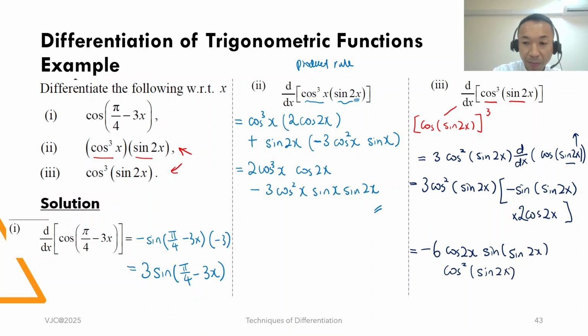So all these are multiplication. There's not enough space, so maybe you can take a look at the notes for the detailed answer. But basically, that is your final answer. All right, thank you.